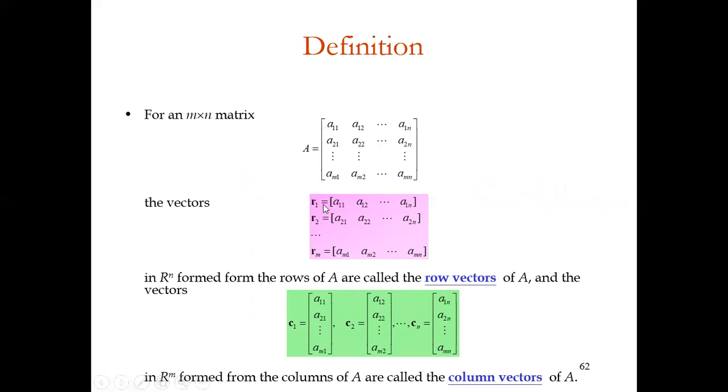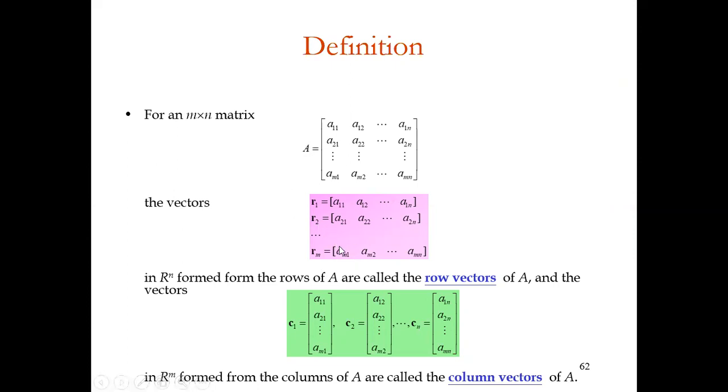R1 is a vector containing A11, A12 till A1n, R2 is A21, A22 until A2n, and so on until Rm, which is the last row in the matrix. These rows of A are called the row vectors, as I mentioned before. R1 till Rm are called the row vectors of A.